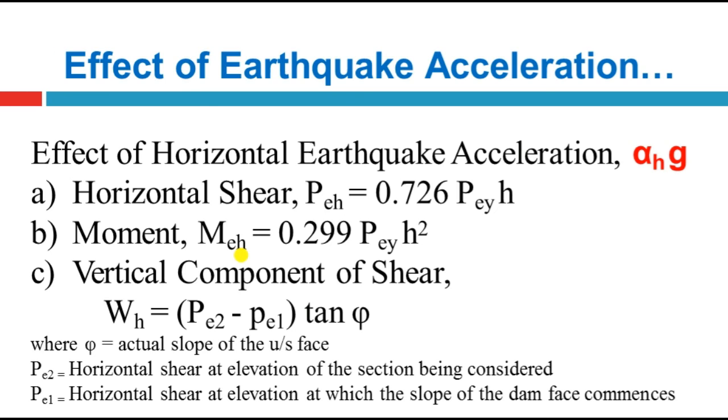Moment is equal to 0.299 PEY square. The vertical component of shear WH is equal to PE2 minus PE1 and phi, where phi is the actual slope of the upstream face. PE1 is the horizontal shear at the elevation at which the slope of the dam face commences, and PE2 is the horizontal shear at the elevation of the section being considered.